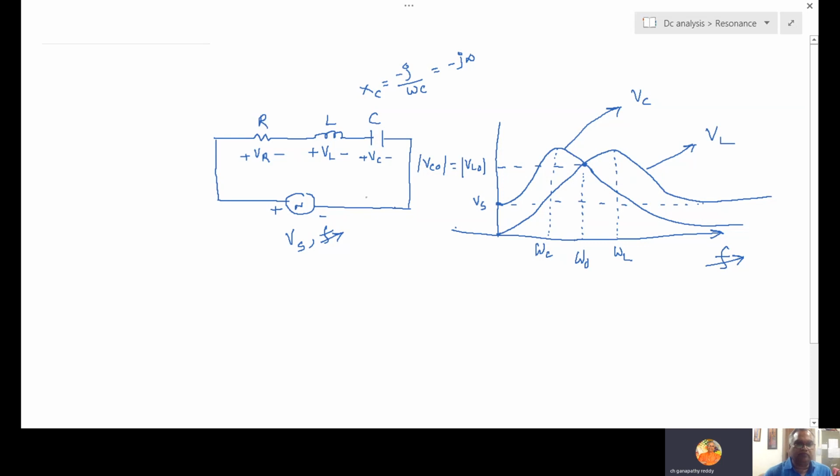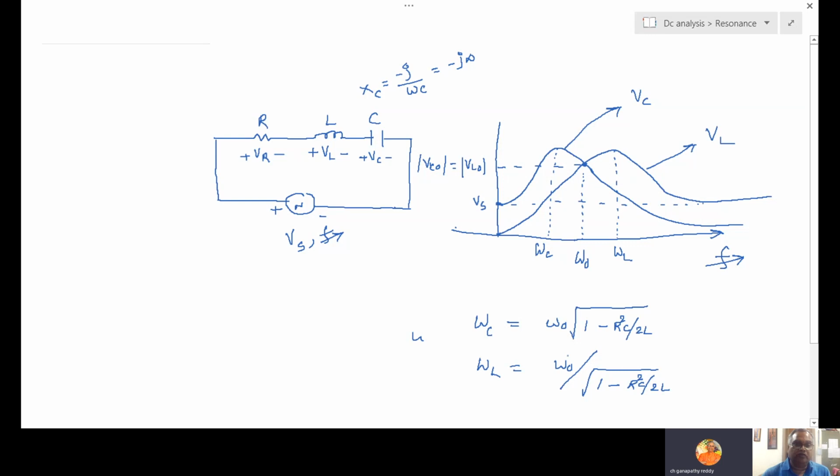And these formulas I can also give. Omega C formula is omega naught times square root of 1 minus R square C by 2L, whereas omega L is omega naught divided by square root of 1 minus R square C by 2L.